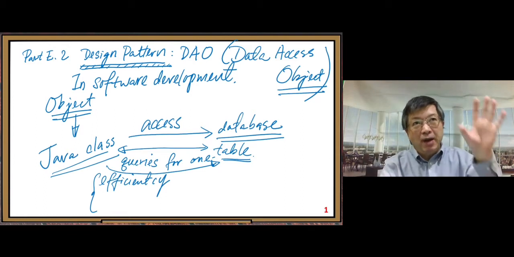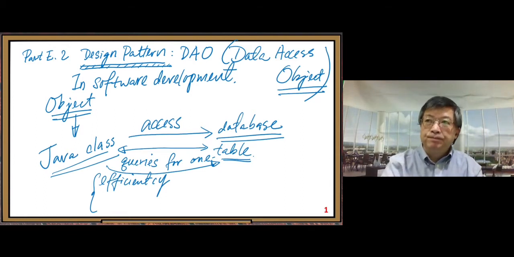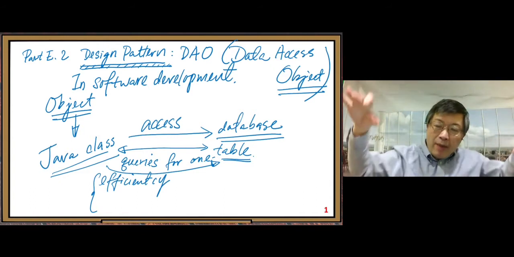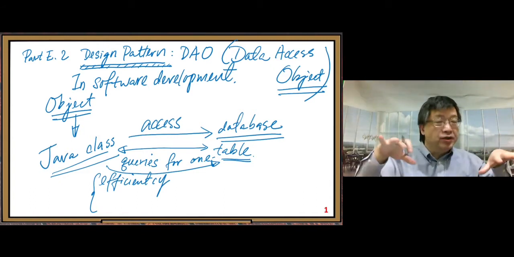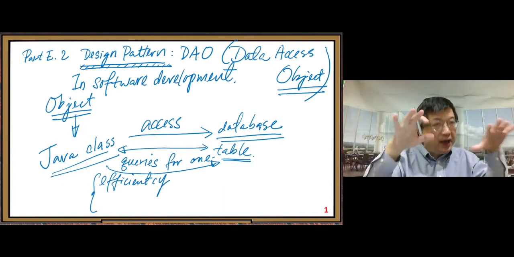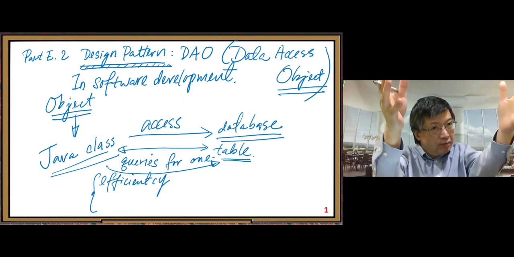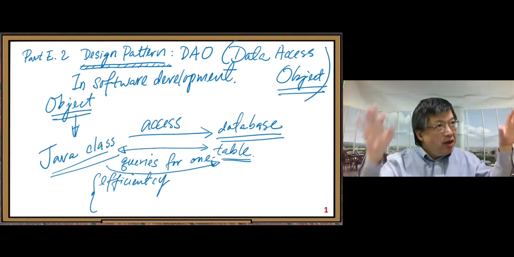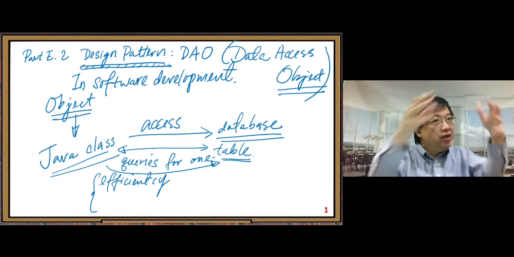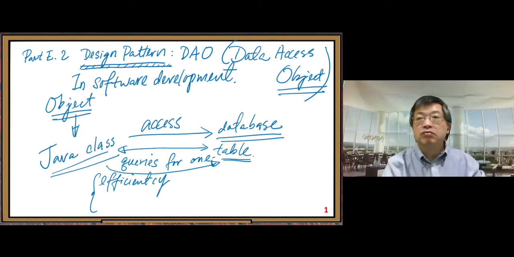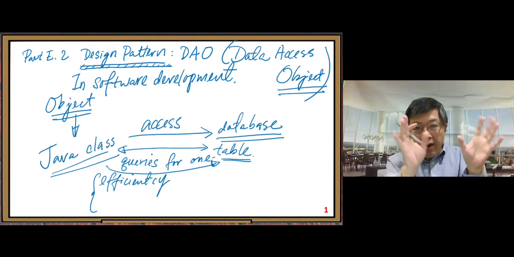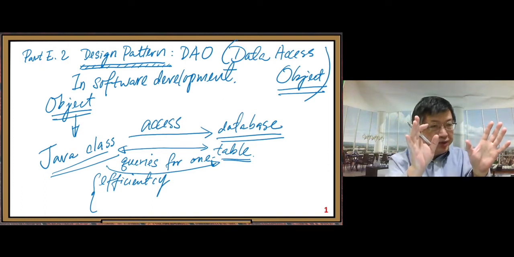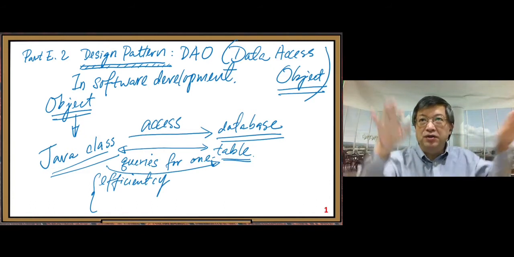Think about it this way. In a Java web application, if we need to access some table in a database, in many different files we may need to access the same table, right? Some of the queries we may need to use in many different files, right?